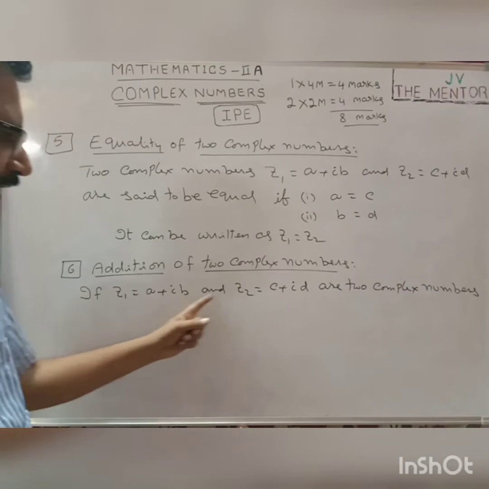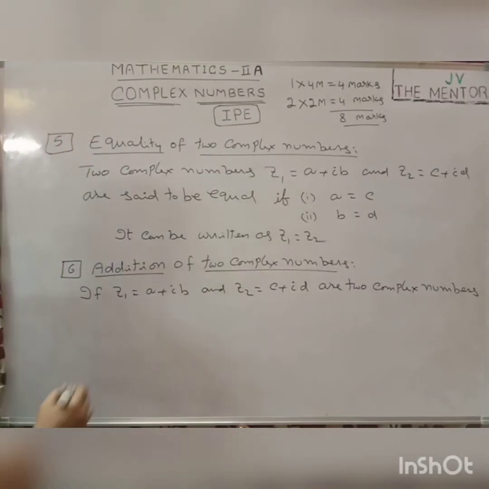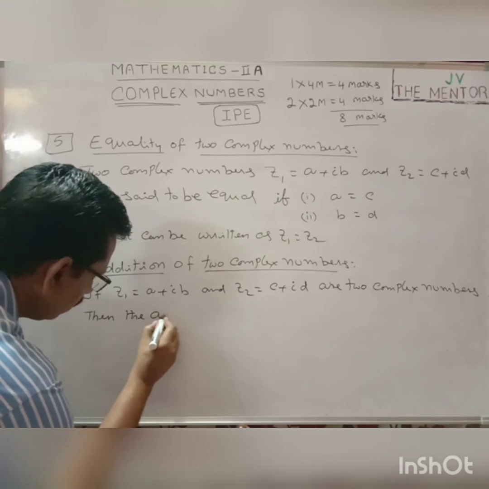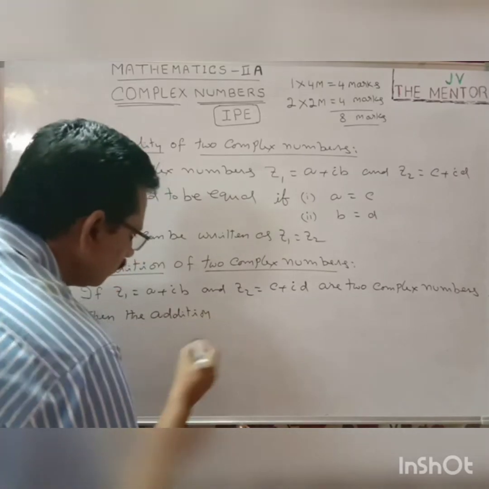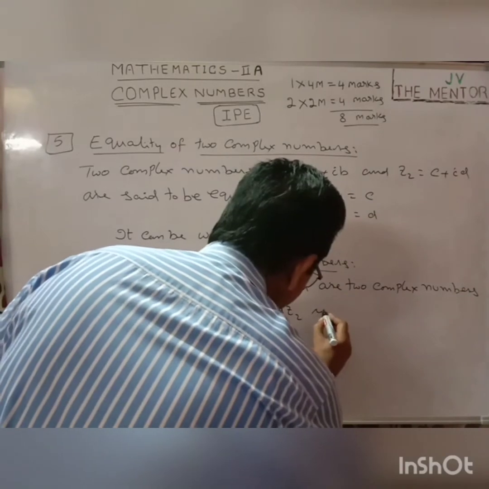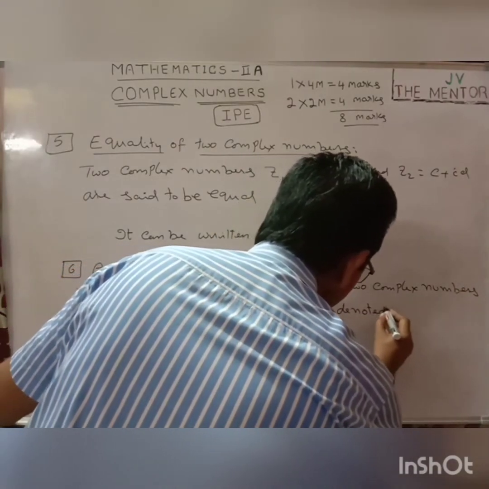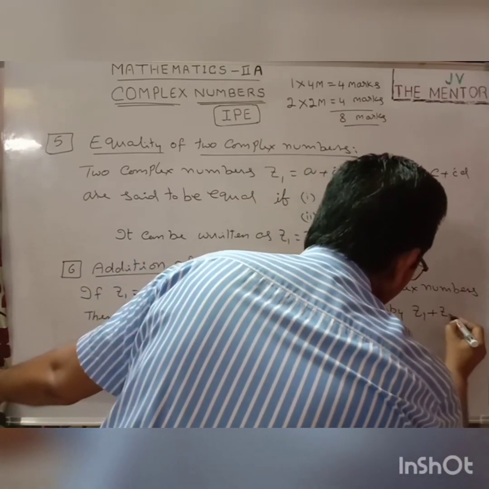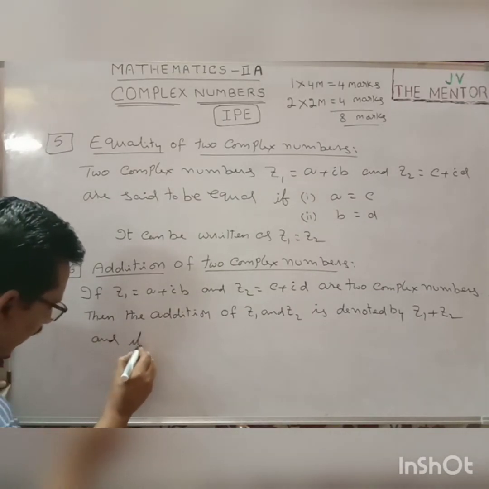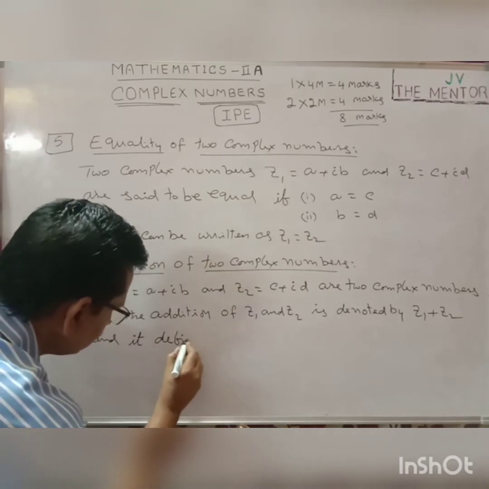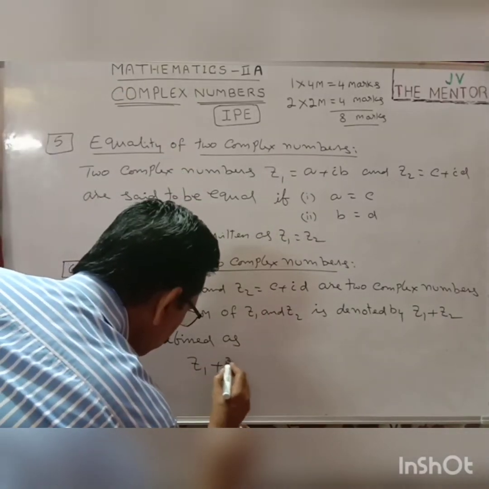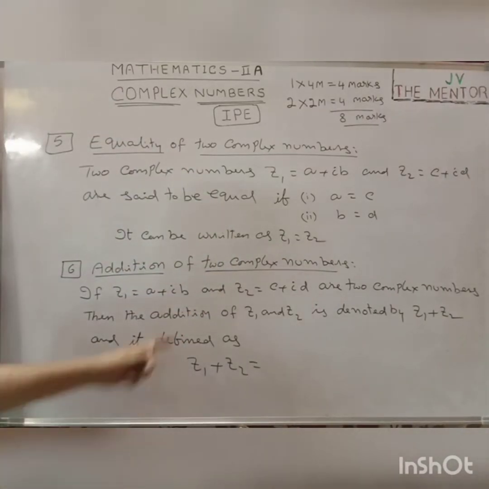If Z1 equal to A plus IB, Z2 equal to C plus ID are two complex numbers, then the addition of Z1 and Z2 is denoted by Z1 plus Z2 and it is defined as Z1 plus Z2 equal to adding these two complex numbers.